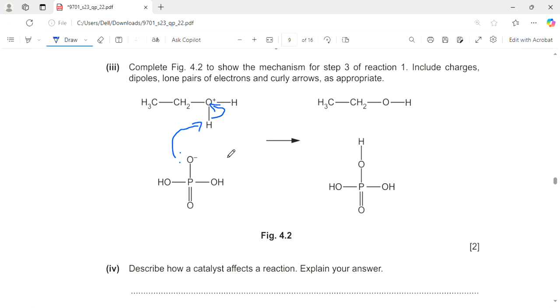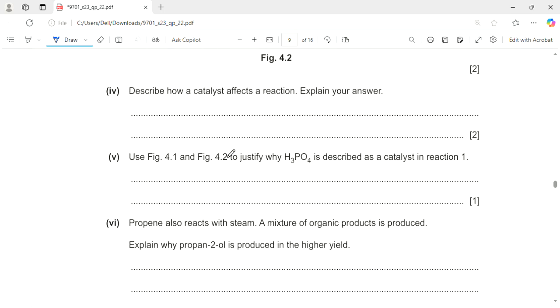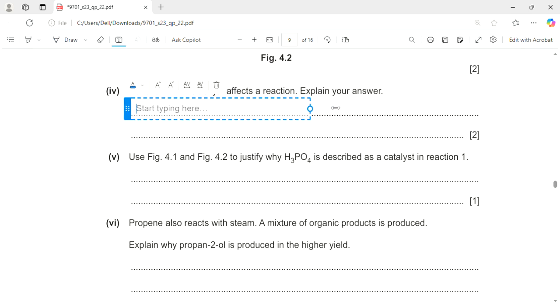So describe how the catalyst affects the reaction. Explain your answer. A catalyst can speed up the reaction without consuming itself by providing an alternative reaction pathway or alternative route.